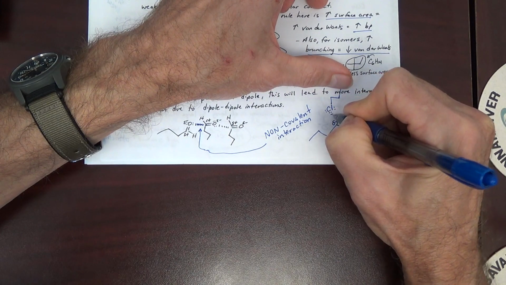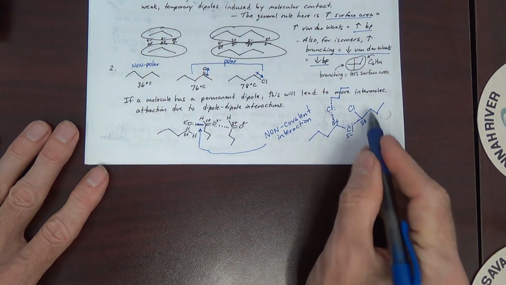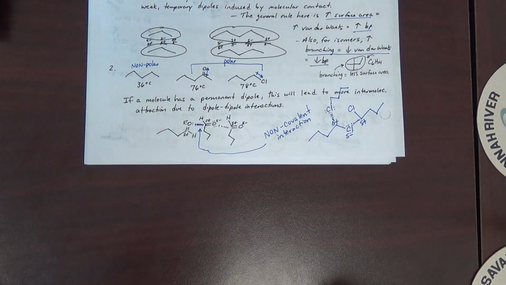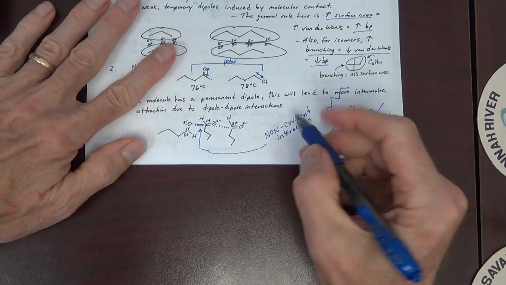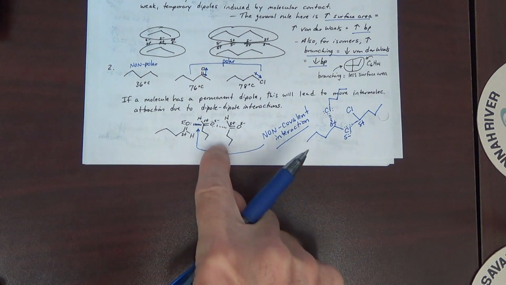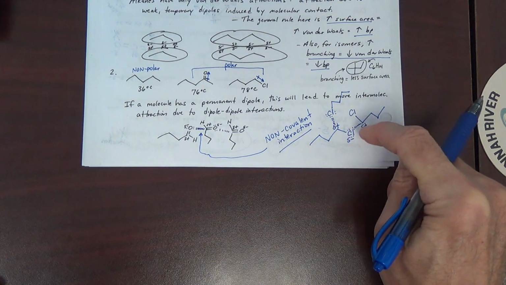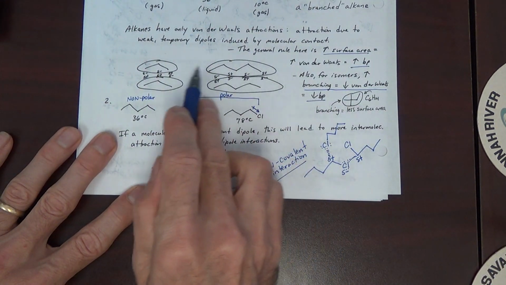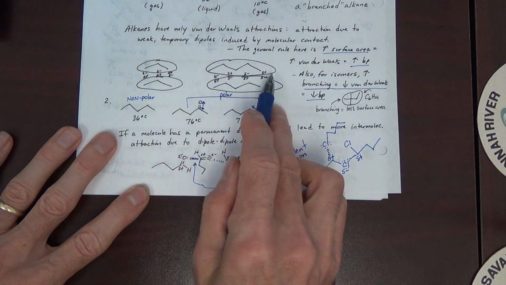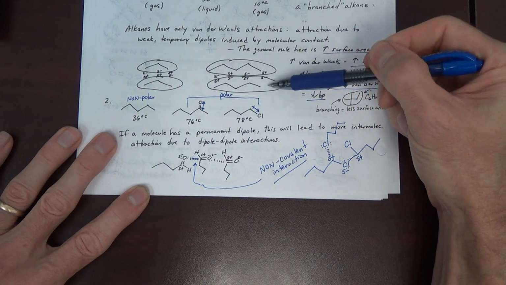And we can start sticking all these molecules together by IMFs, non-covalent interactions. But because it's permanent, these partial positive and negatives are stronger than you get up here with the temporary, fleeting, induced dipoles, much weaker. And so the stickiness is weaker up here.